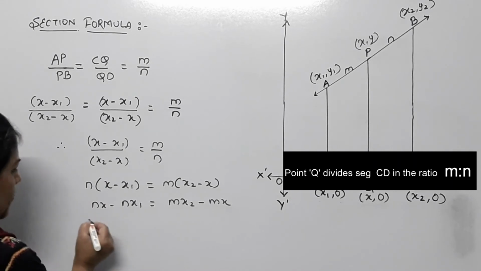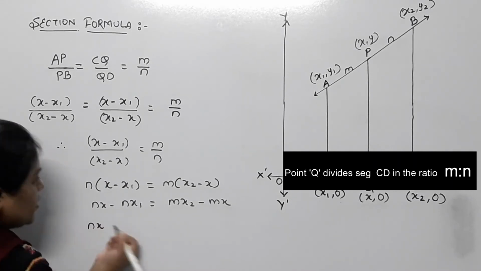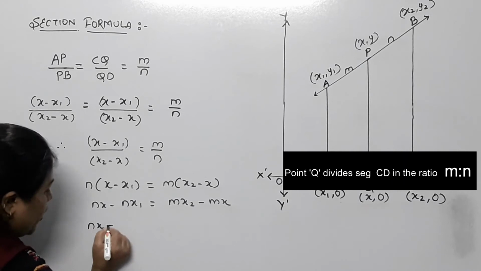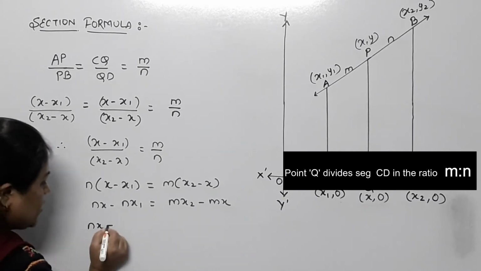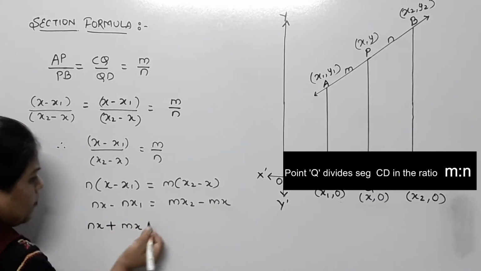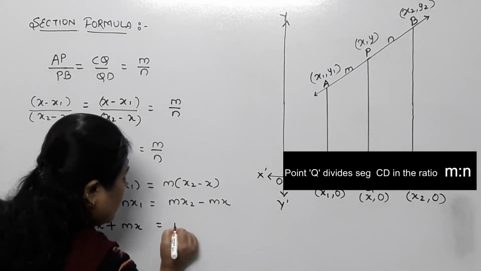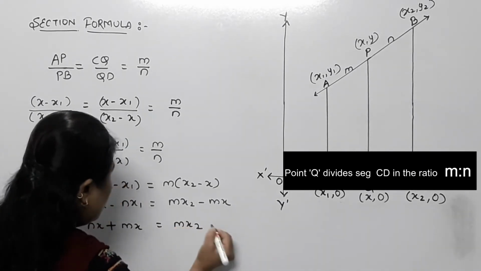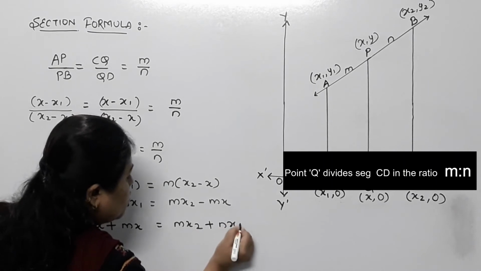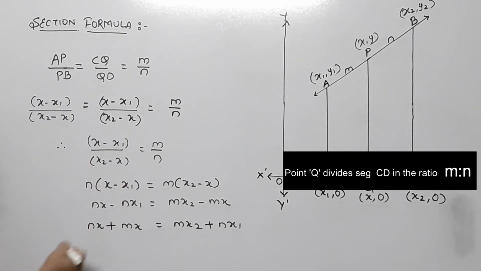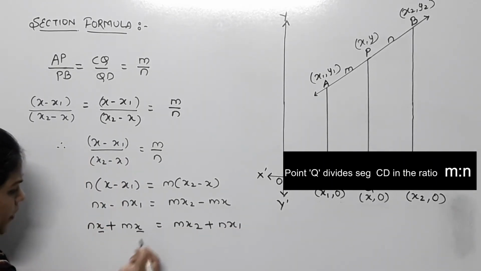So it will be nx plus mx is equal to mx2 plus nx1. Right? So here what is common? x is common.